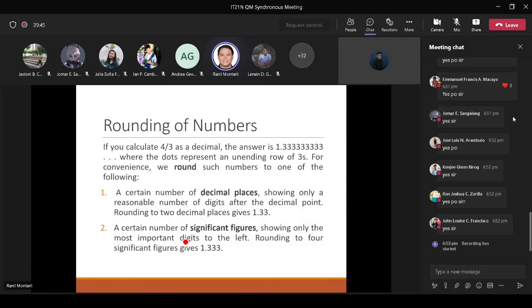And a certain number of significant figures also. So what is the difference between the two? Decimal places are more general compared to significant figures. Significant figures are called that because they refer to the important digits of the number, since they may be part of a measurement. For example, a laboratory instrument can only effectively measure up to a certain number, with an error allowance, and only up to there is significant.